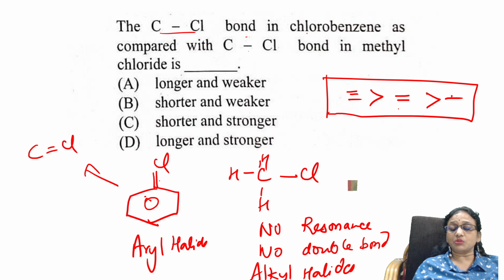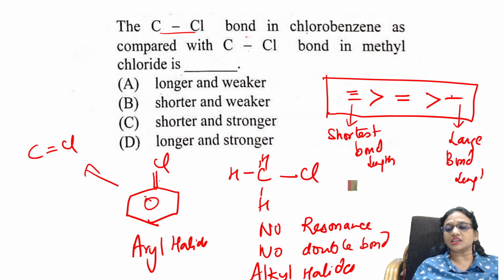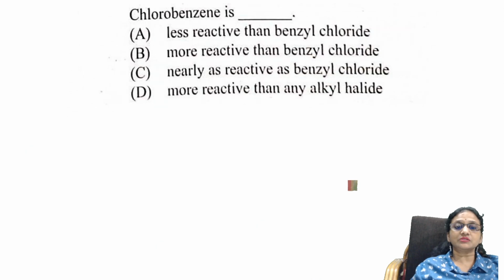So the double bond has the shortest bond length, and the single bond has the larger bond length. Remember, double bond is shorter and stronger. Option C. Easy.